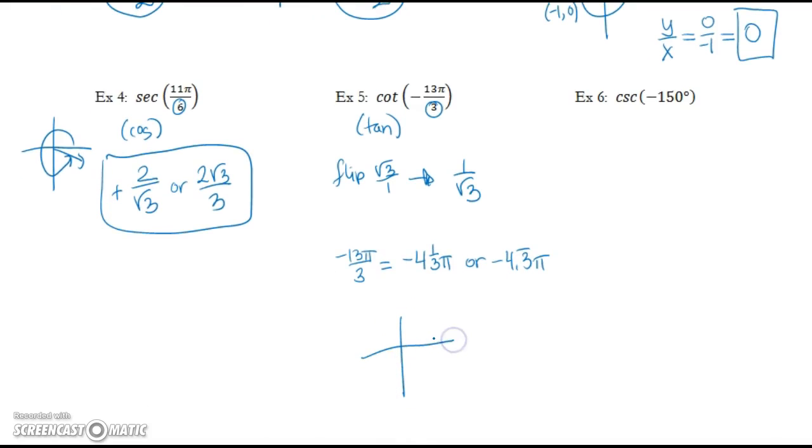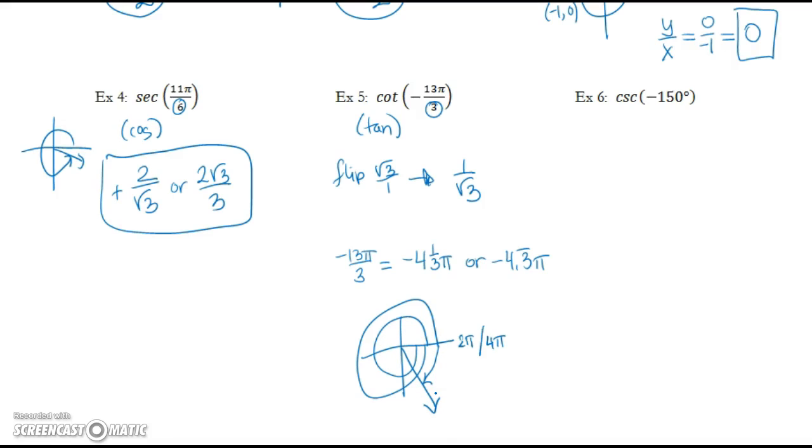It's negative, so we're going in the clockwise direction. One circle, that's 2π. Another circle, that's 2 more π, so now we're at 4π. And then another third of a circle, or another third of a π rather. So if we go a third more of a π, we are here in quadrant 4.